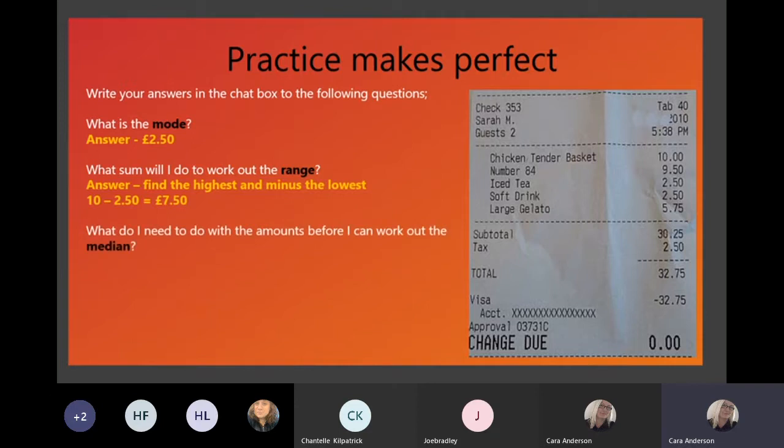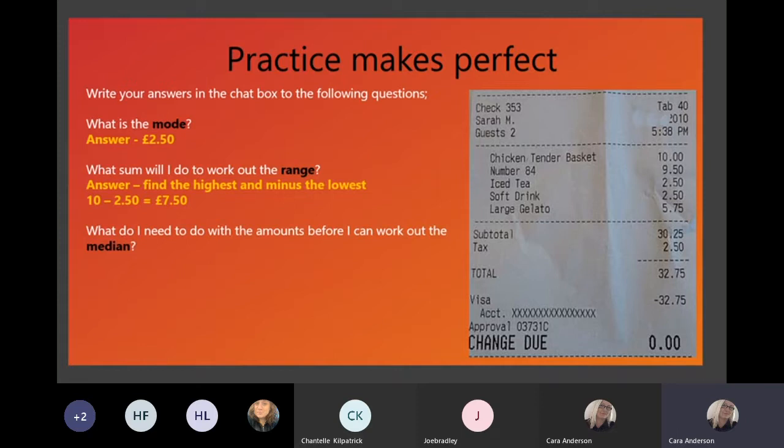Okay, so what would I need to do with the amounts before I can work out the median? So what's the obvious thing, looking at the figures at the moment of the prices and how they were put through on the receipt? What's the obvious thing I need to do before I can start working out the median? Excellent.